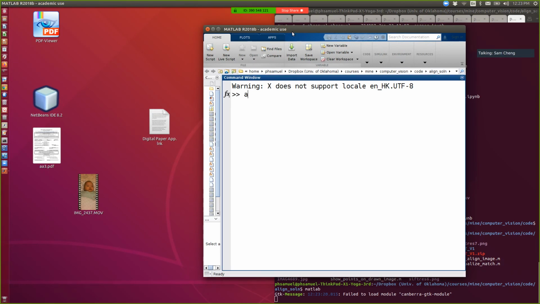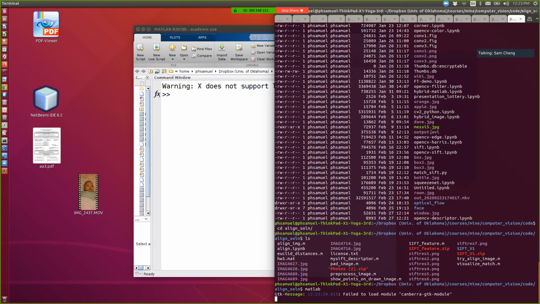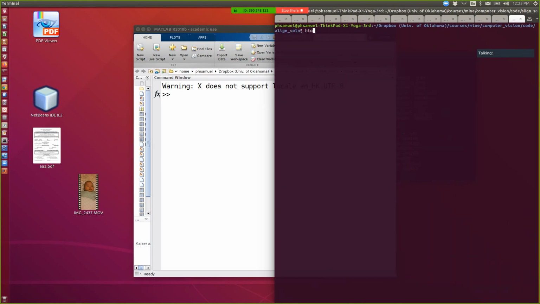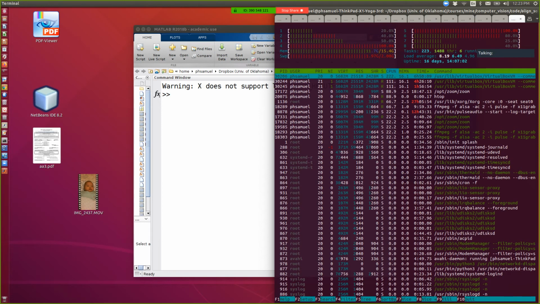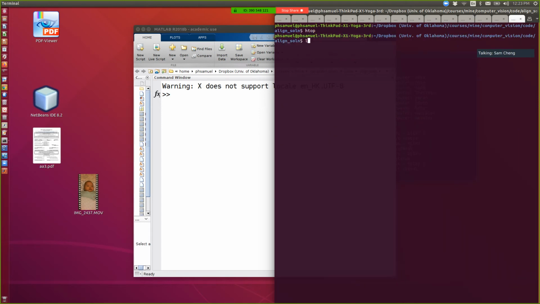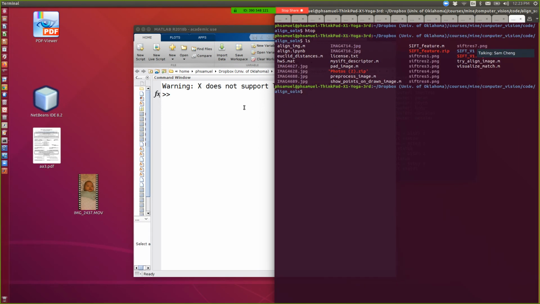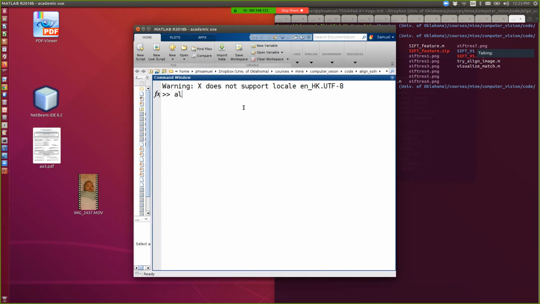Wow, it's so slow. I guess I'm running out of memory. Okay, actually I'm fine. I don't know why it's so slow. I don't even quite remember which command that is.